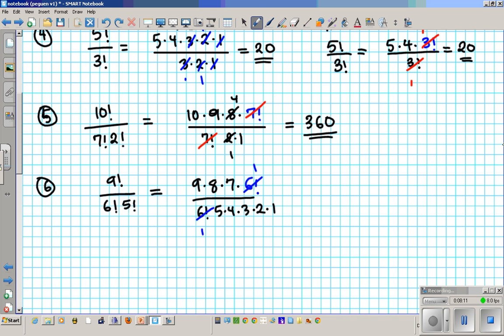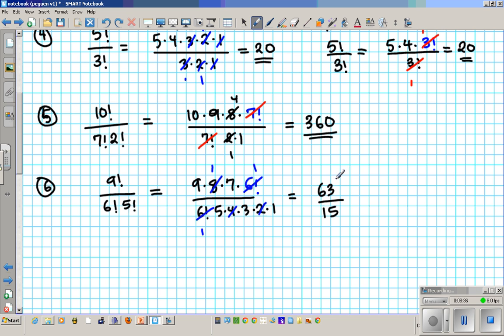Let's see, what else cancels here? 4 and 2 cancel out with the 8, because 4 times 2 is 8. Let's multiply out so that we don't get confused. Okay, 9 times 7 is 63 divided by 15. Alright, 3 goes into both of them, so I can reduce by 3.